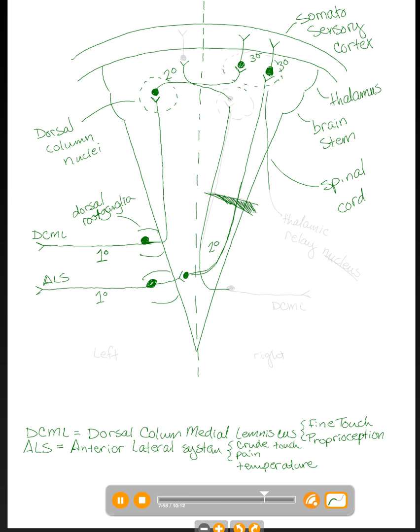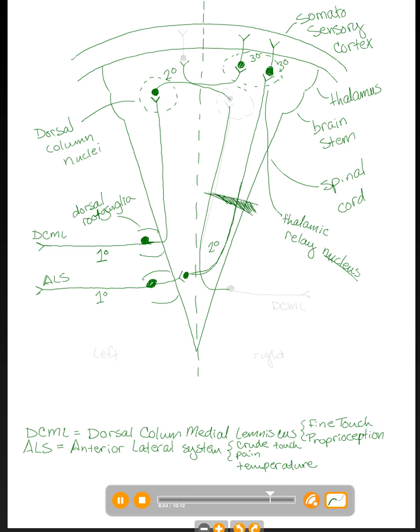And this area is called the thalamic relay nucleus. Again, a nucleus is just a grouping of cell bodies, and this is in the thalamus.